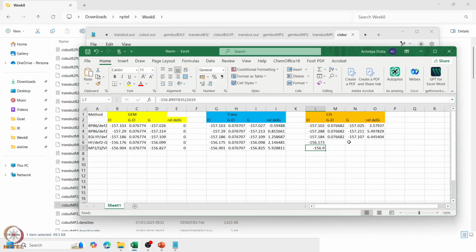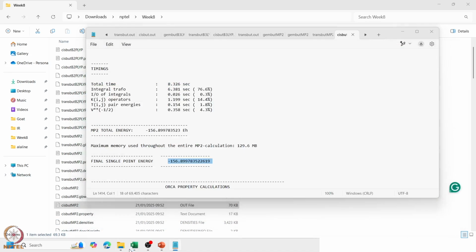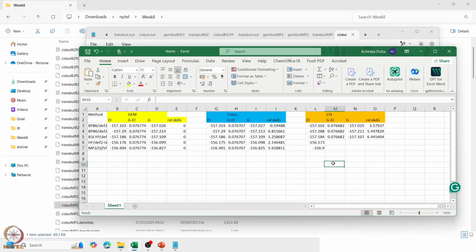So now if I add the other contributions from translational, rotational and vibrational, this will be my free energies and this will be my relative stabilities. So if I compare with the experimental values, the MP2 numbers are actually in quite good agreement.